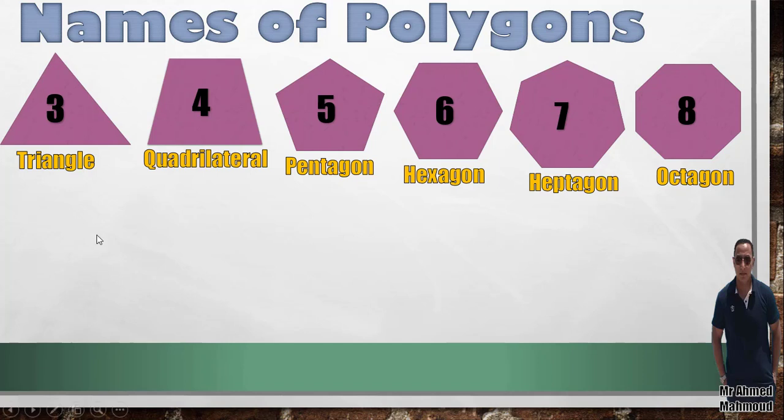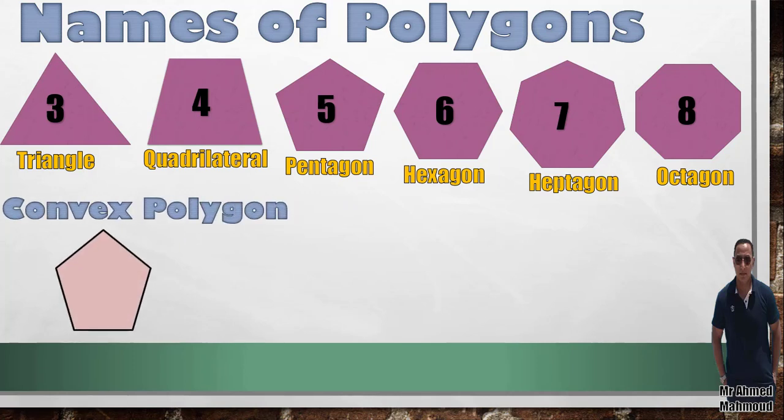Now let's compare between 2 types of polygons called the convex and the concave polygon. First, the convex polygon. All these polygons are convex polygons. What is the convex polygon?